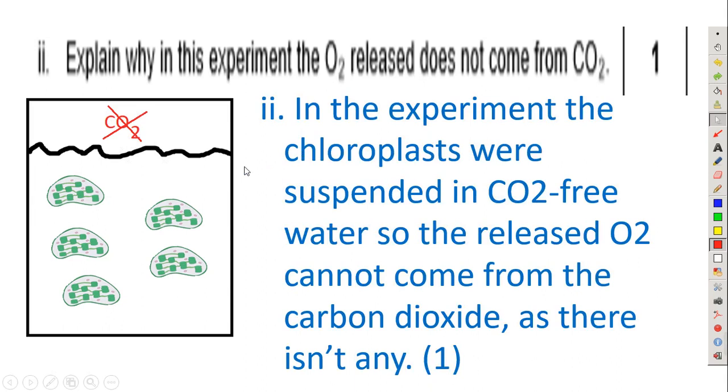So this is the answer: no CO2, CO2 free, so therefore the O2 can't come from the carbon dioxide. And we know that it comes from water because of the Kamen and Ruben experiments. Same thing, I'll let you pause the video and write down the sentence.